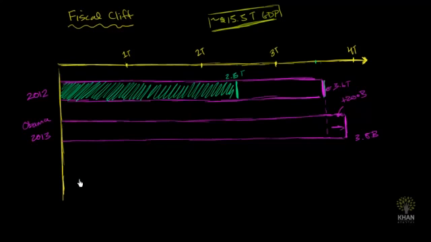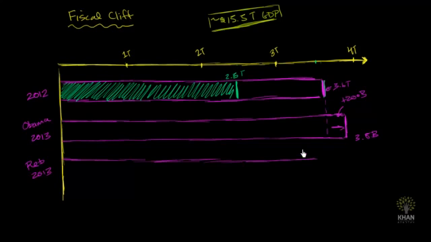My best estimate of what the Republicans in Congress would want in 2013 is that they would ideally want spending cuts from these levels. Let's draw that out, roughly on the order of about 100 billion. They might even want more than that, but let's just go with that for now.